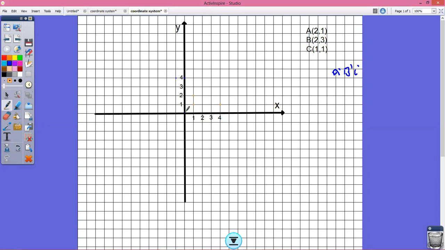Now the center of the enlargement, O, will be (0, 0).